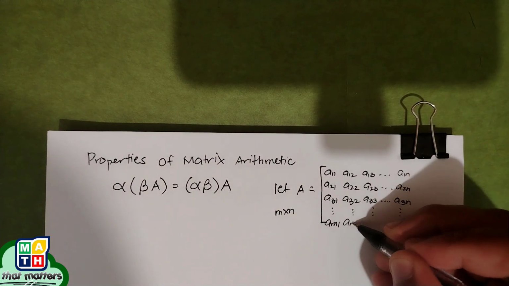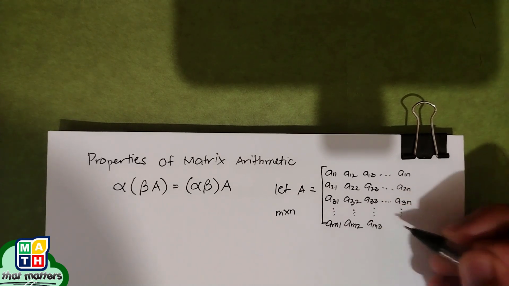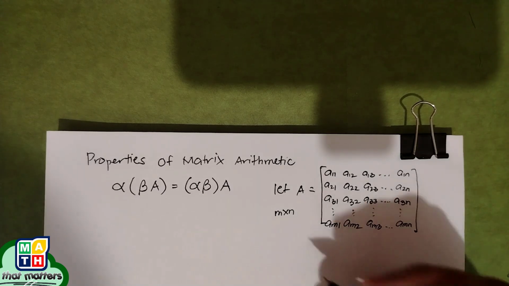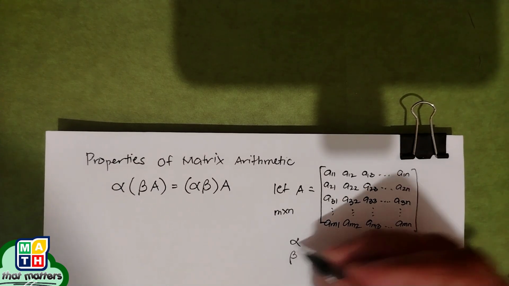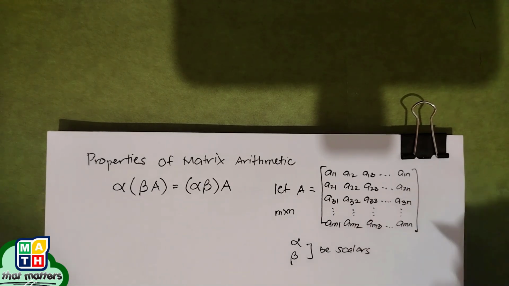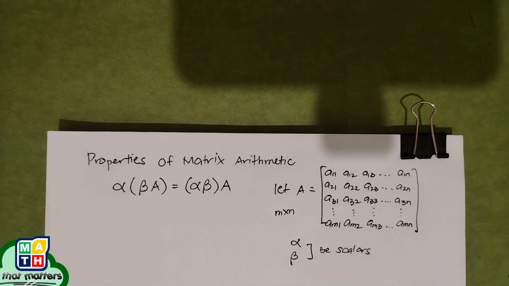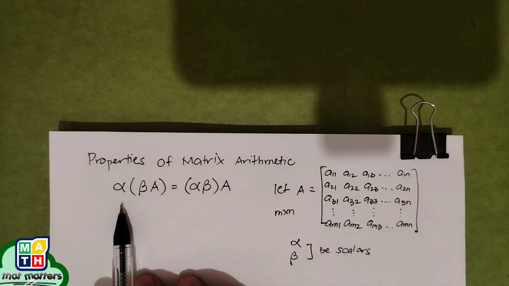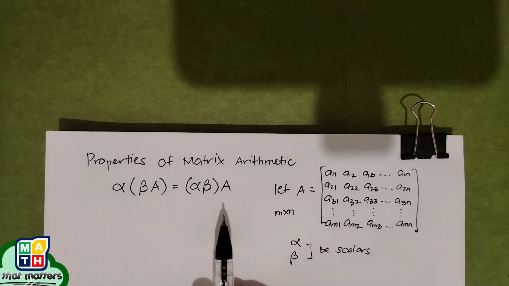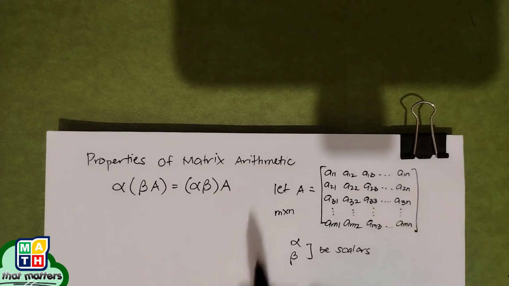So you have Am2, Am3 until Amn. And of course we're going to let alpha and beta be scalars, or they could take any value of a number. Our goal here is to manipulate the left-hand side and arrive at our right-hand side using these expressions.